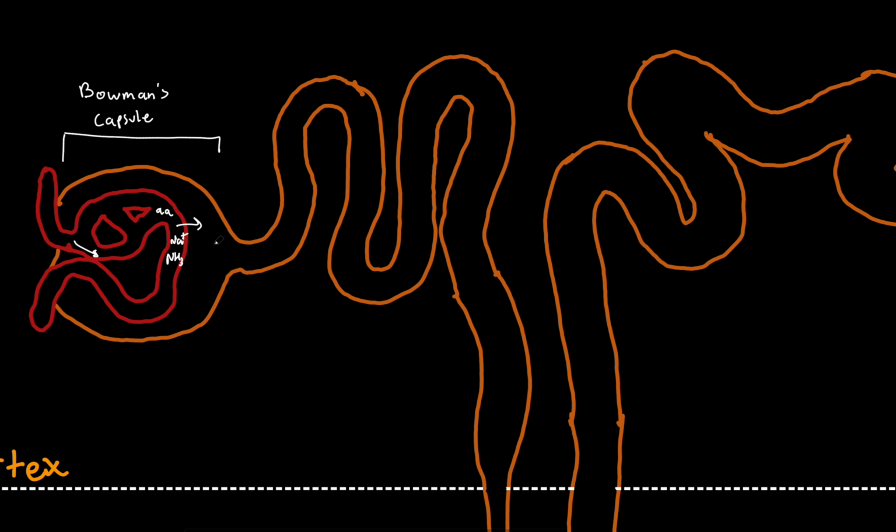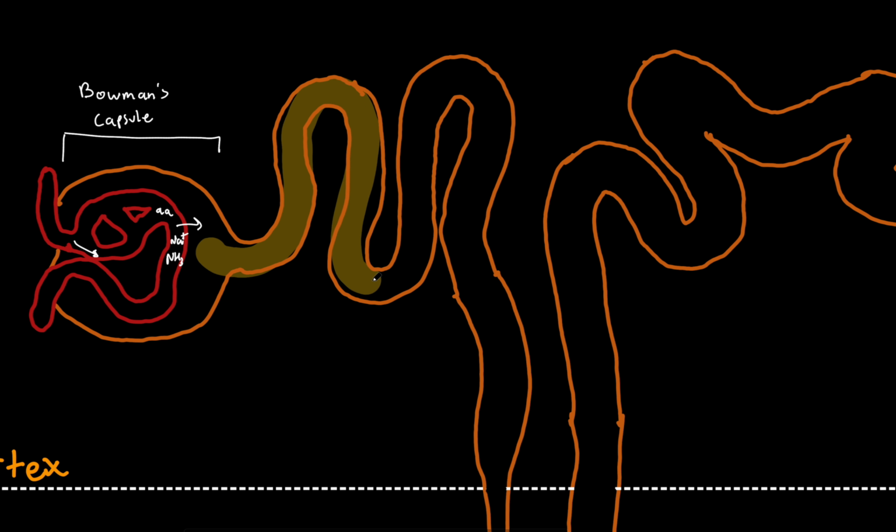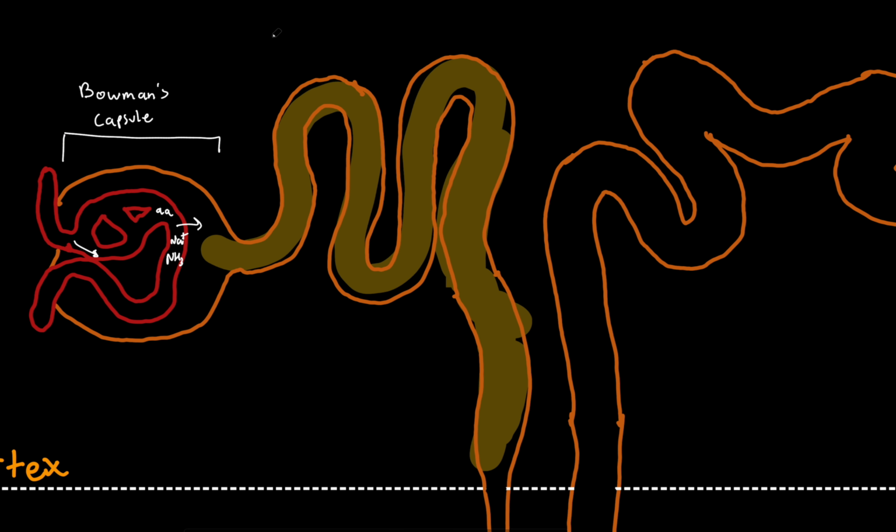Now, once we have gotten that out of the way, we can actually see our first structure right here. I'm going to be highlighting this guy right here, and this is going to be known as our proximal convoluted tubule, or PCT for short.